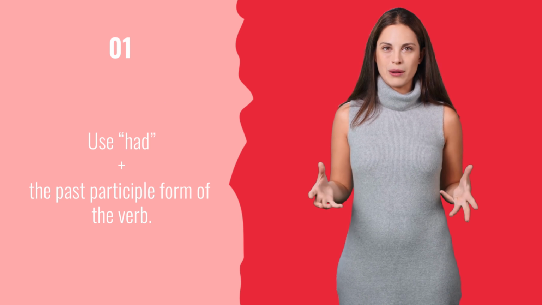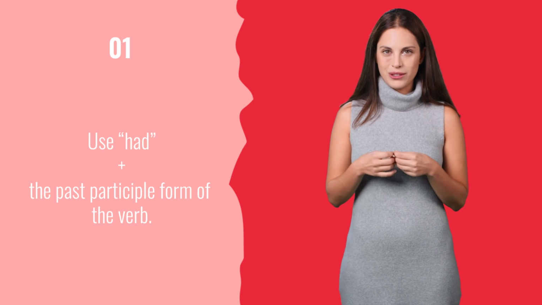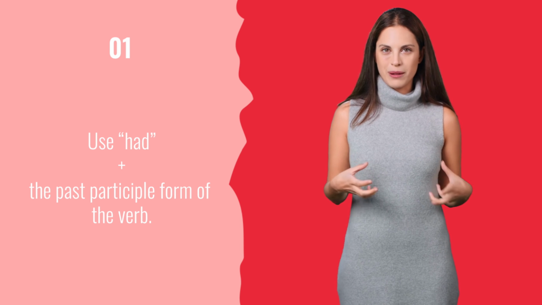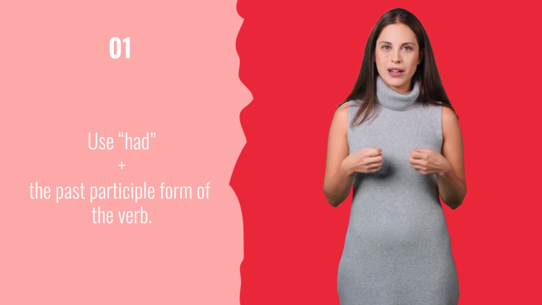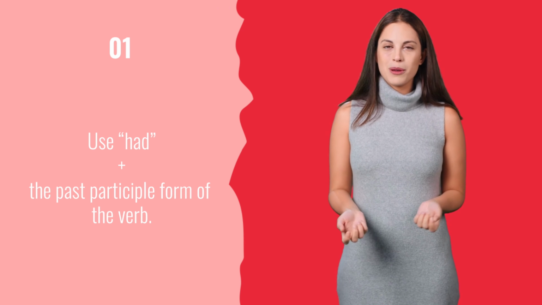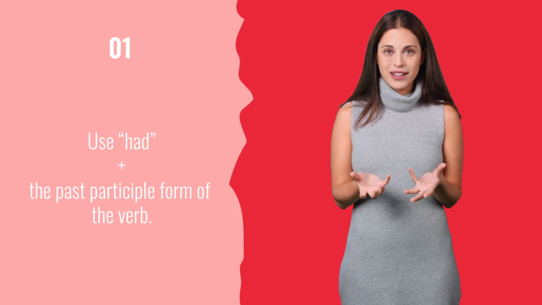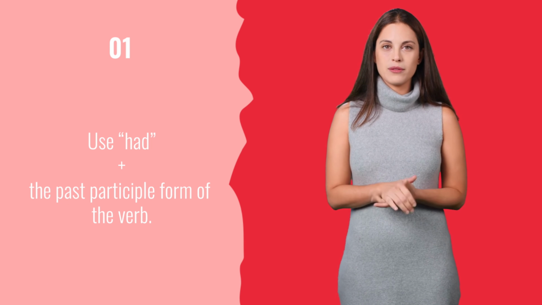This structure helps you talk about 2 past events, but it shows clearly which one happened first. The past perfect is always used for the earlier action. So just remember, had stays the same no matter who you're talking about.